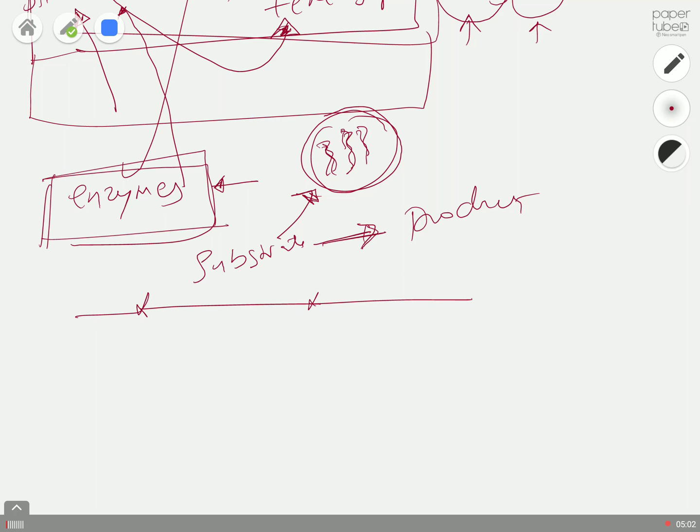I showed that you start from molecular precursors like carbon dioxide, water and nitrogen, and from there you make your amino acids.